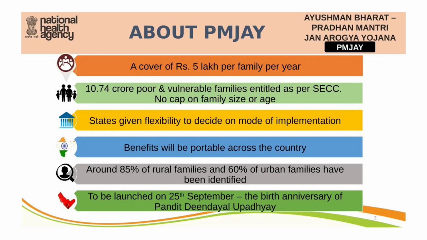The benefits are portable across the country, and more than 85% of the families benefit from such public medical insurance, with 60% of urban families identified. It was launched in 2018. Such a great public medical insurance is offered by this scheme.